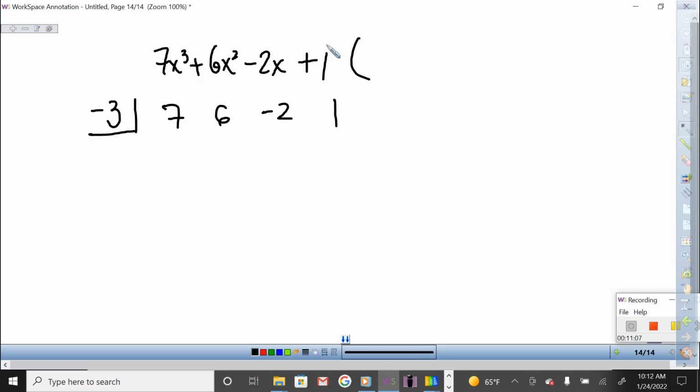And this one would be x plus 3. Does everybody see it? You're like, I don't see it, Mr. Q. Then set it equal to x, and then they need to be equal to 0.